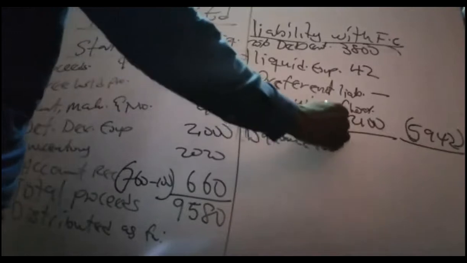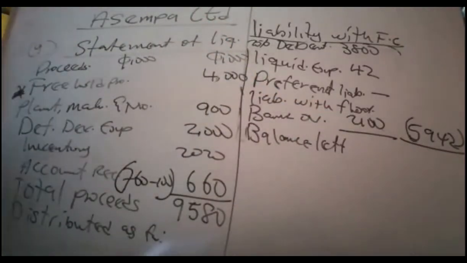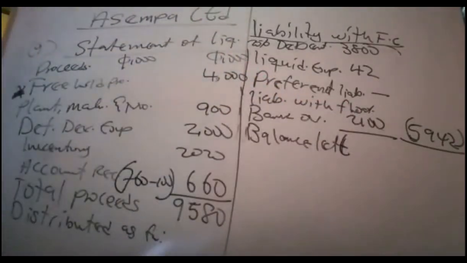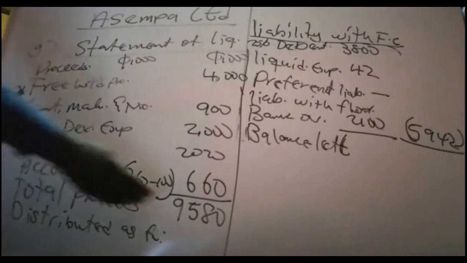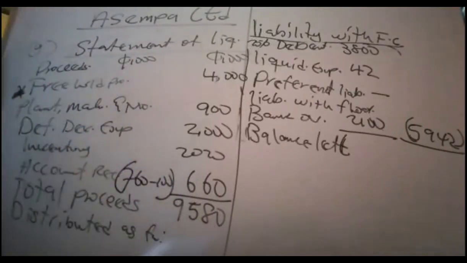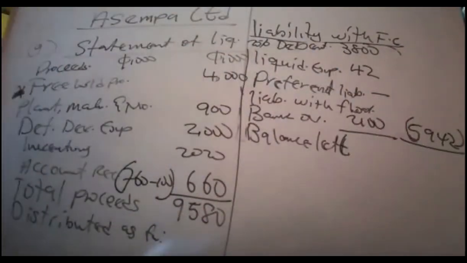Balance left for unsecured liabilities. So if I have proceeds of 9,580 and the secured liabilities are 5,942, what will be the balance left for them? So 3,638.